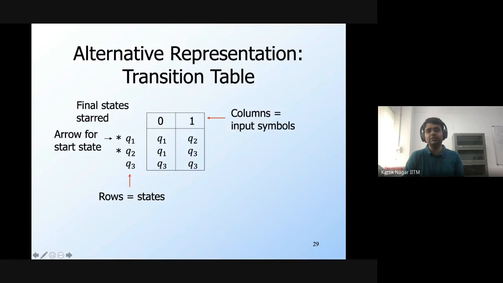You can express a DFA formally, using a graph, or using the transition table. All three representations are complete, which means that they express all the information that you require about the DFA: the set of states, the input alphabet, the start state, the final states, and the transition functions themselves. Okay.